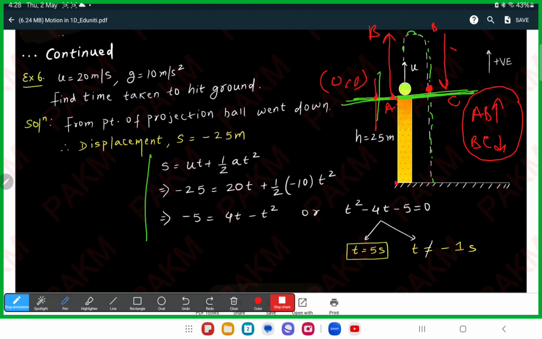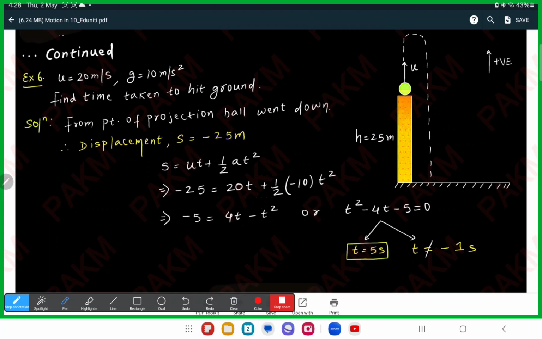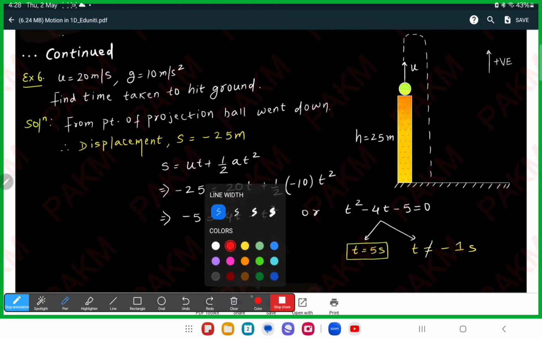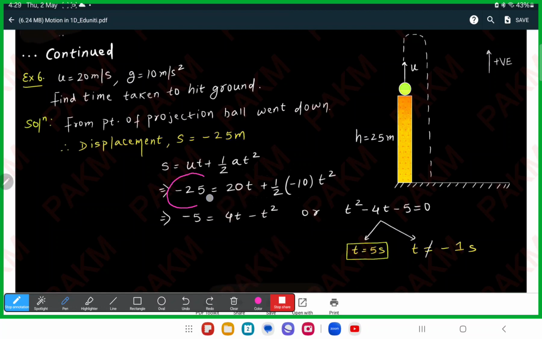Only H. So that's why I am keeping the value of H as minus 25, because with respect to the origin it is in the downward direction. That's why minus H. Fine. And u we have taken with a plus sign. This is plus ut plus half g, and g is always in the downward direction, that's why minus g into t square.